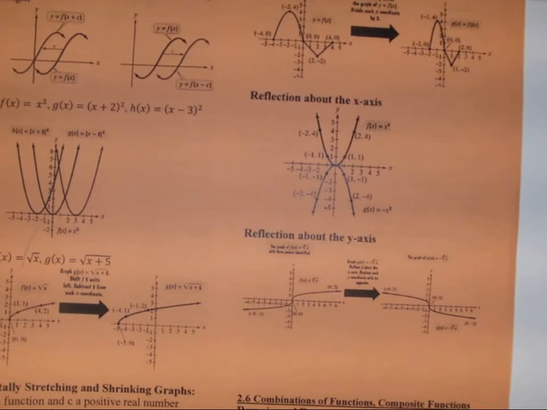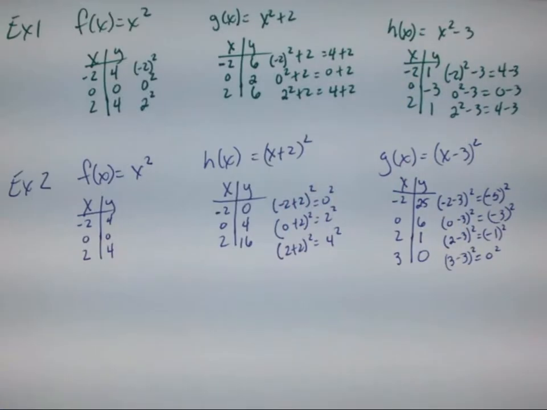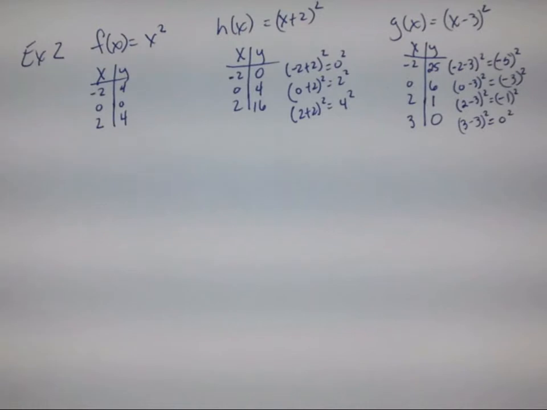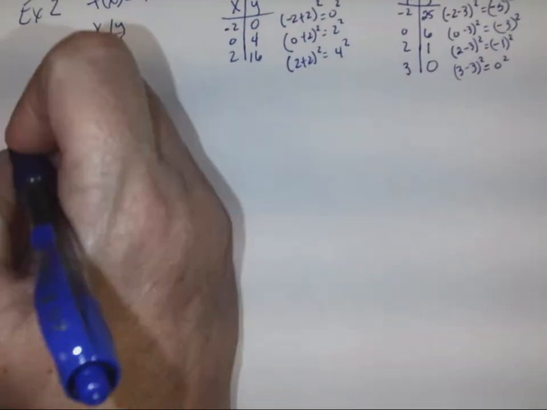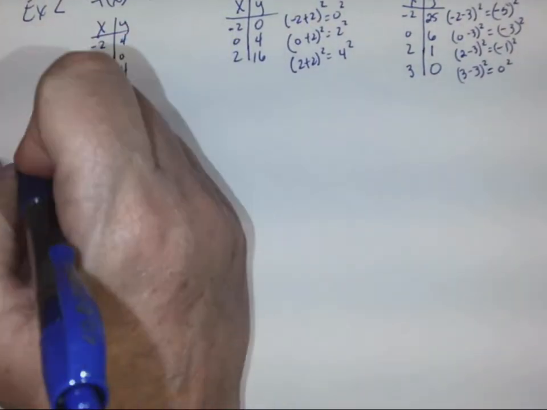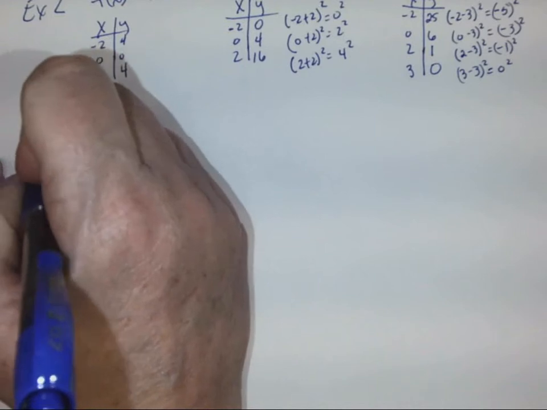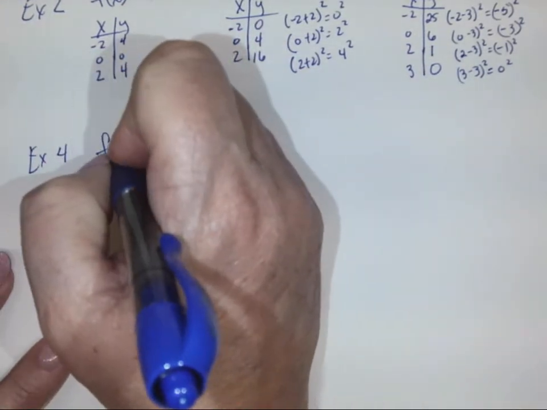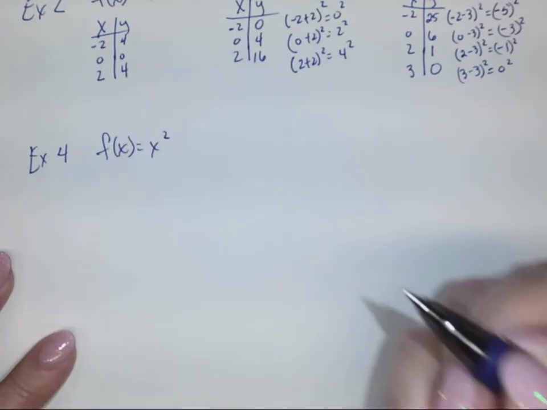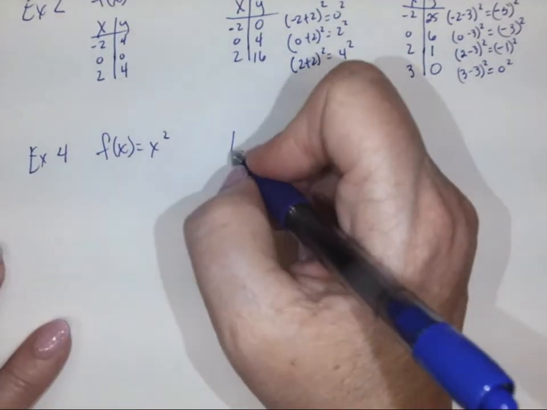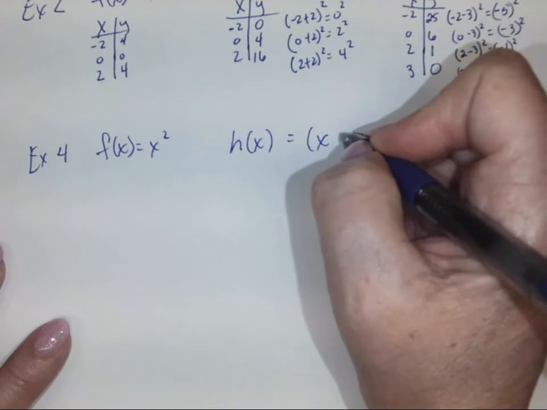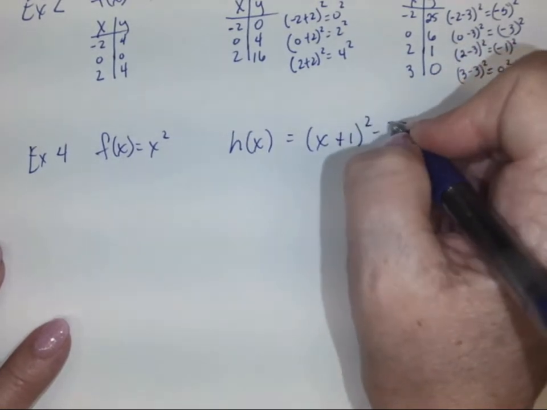So let's go look at a couple more functions, and we will do some graphing of them. So we're going to do example 4, and we are given f of x equals x squared as the original function, and we want to change it to x plus 1 squared minus 3.